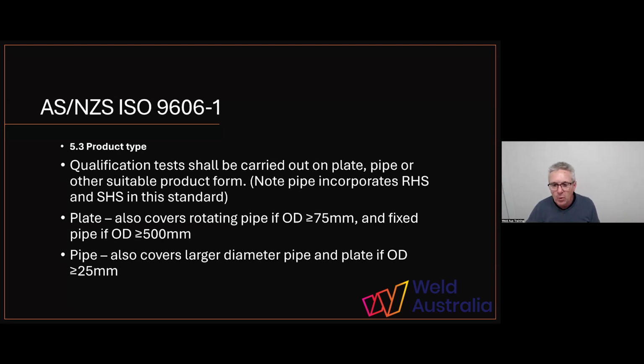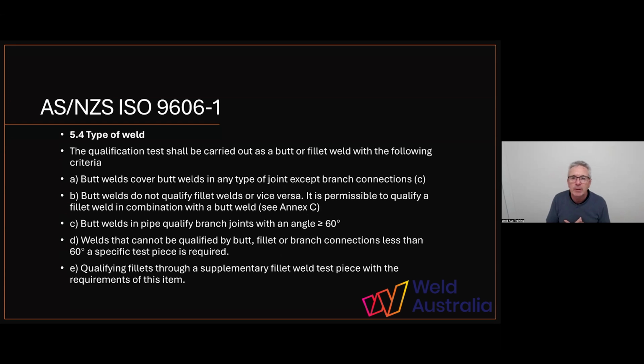So 5.4 is type of weld. The qualification test shall be carried out as either a butt or a fillet weld with the following criteria. So A, butt welds cover butt welds in any type of joint except branch joints.